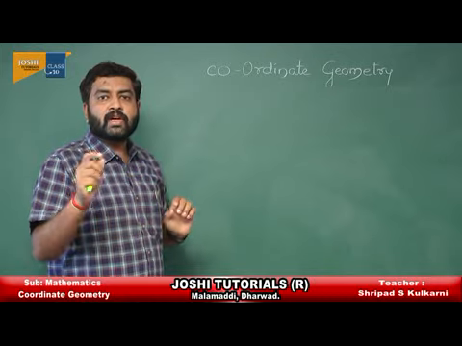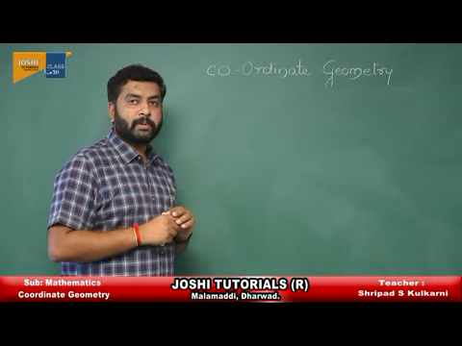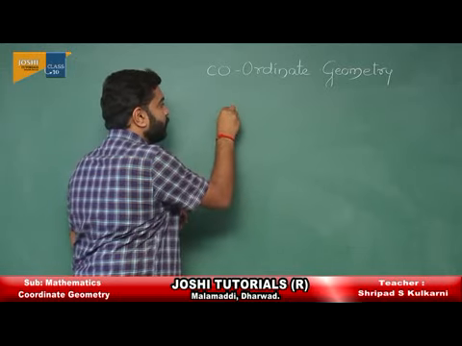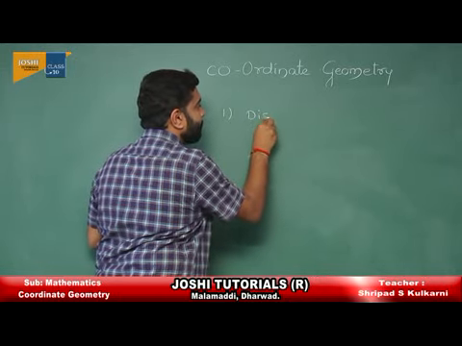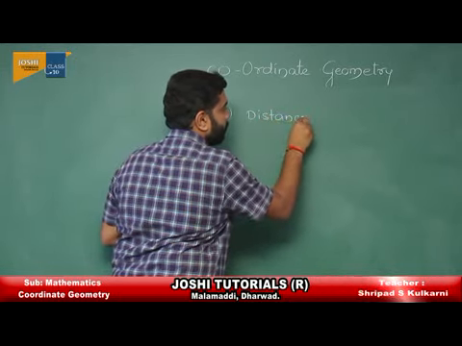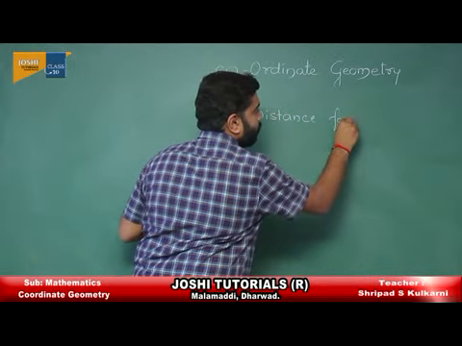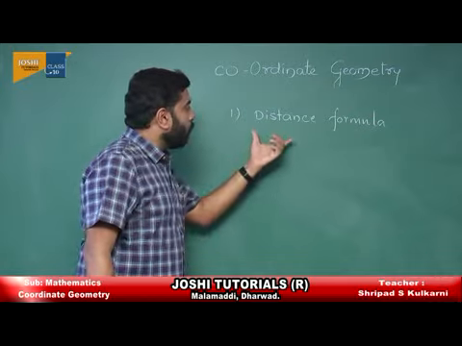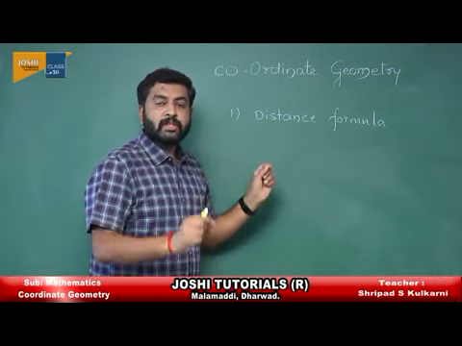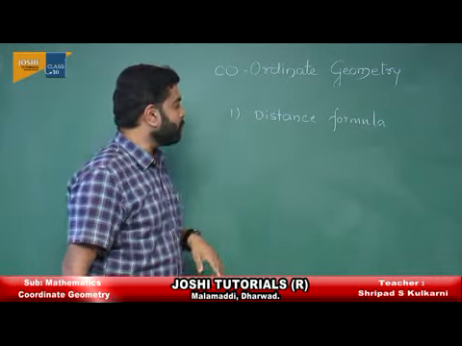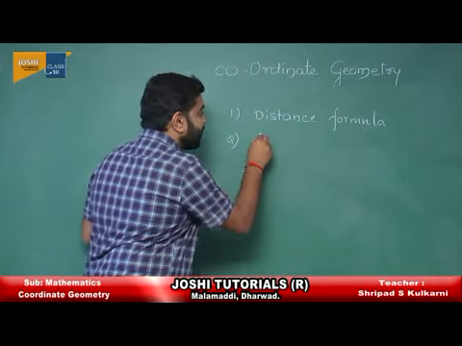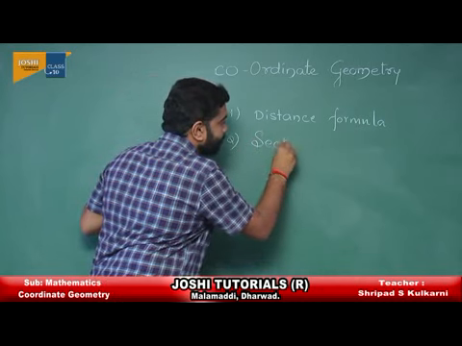What are the things you are learning in coordinate geometry? There are 3 sections in it. First one is called distance formula. Very simple. How to find the distance between 2 points. That we will discuss one by one. Second, what you are going to learn? Section formula.